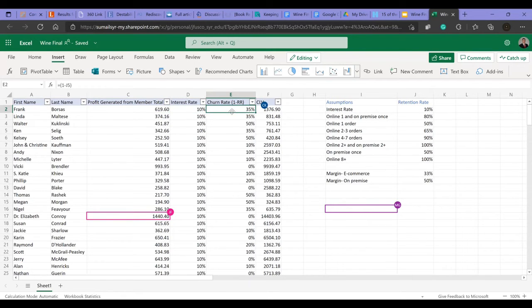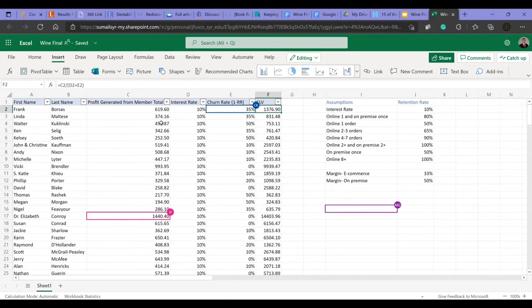And then his churn rate, we gave him 35% because this person ordered 2 online orders. So that gave him a retention rate of 65%. So 1 minus 65% is 35%. And put it into the CLV formula and you get about $1,376.